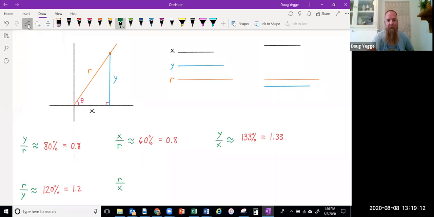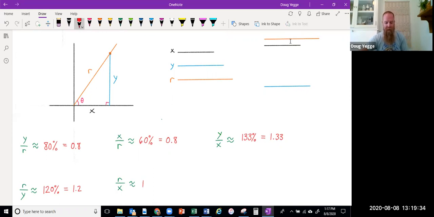Well, now that means we can compare the orange one to the black one, okay? And if we compare those, then again, you could see that R over X is going to be something more than 100%. So R over X is approximately 100 and something, okay?